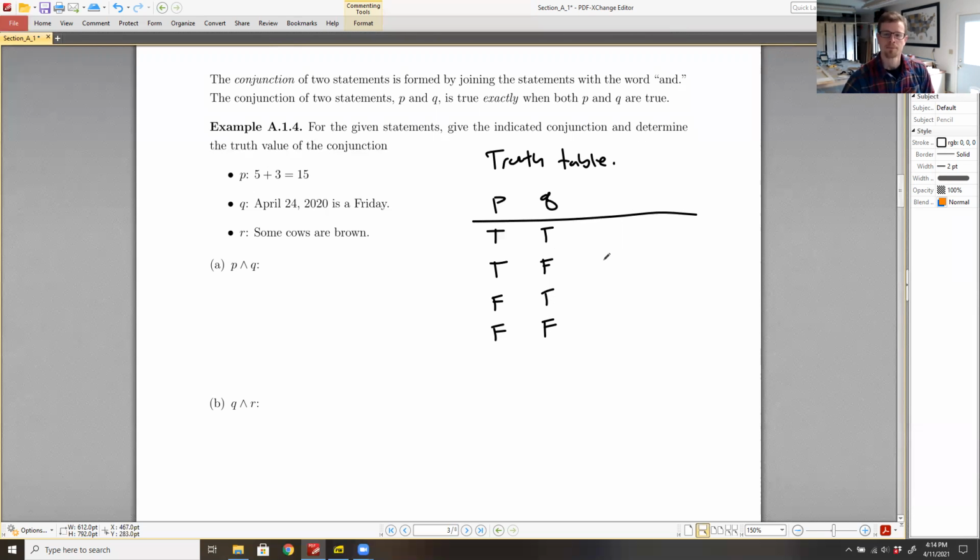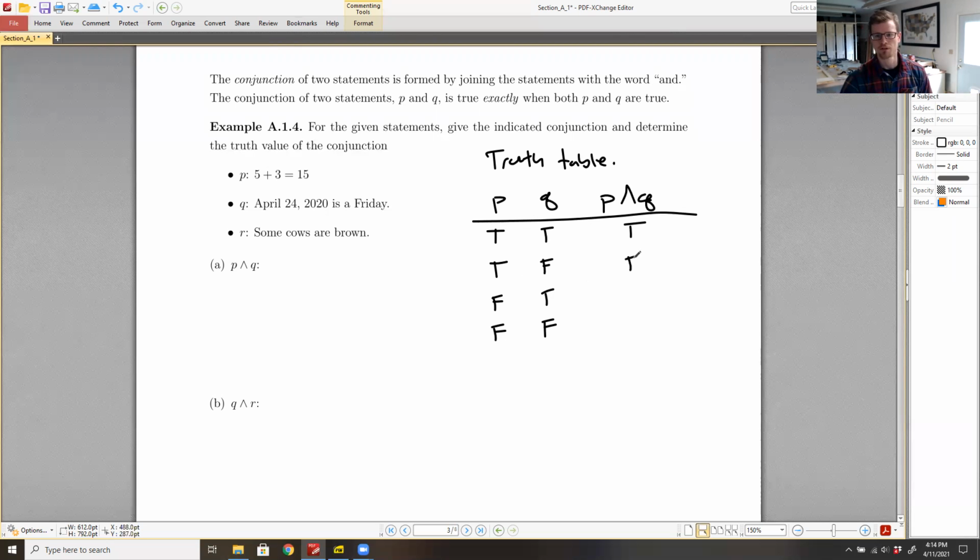Moving on from there, we can then consider the truth value of P and Q, which is true only when both P and Q are true. So P is true, Q is true, so P and Q is true. P is true, but Q is false. So are both of them true?